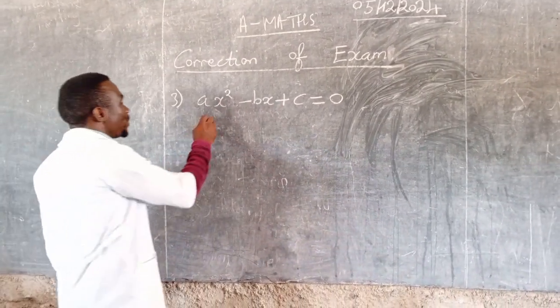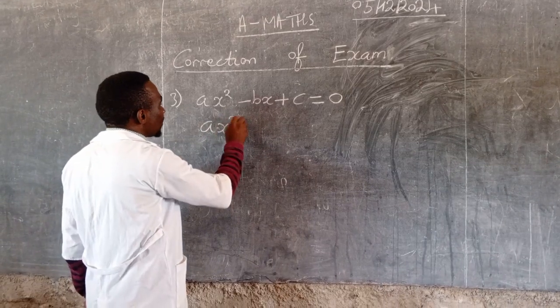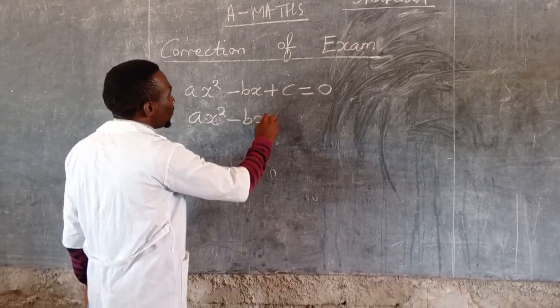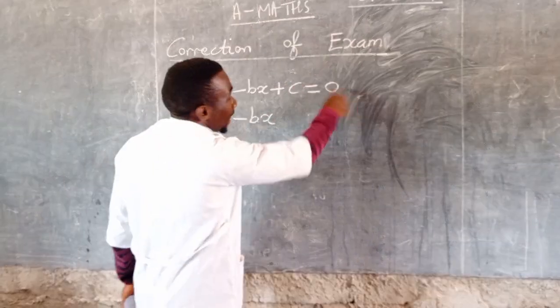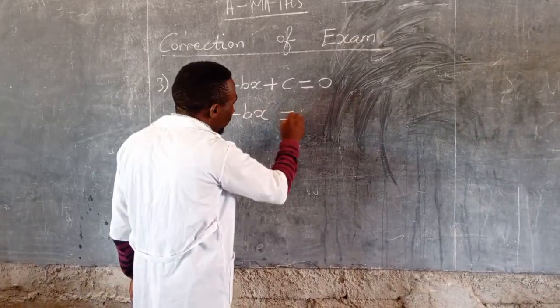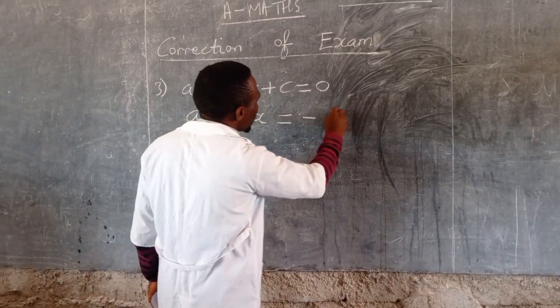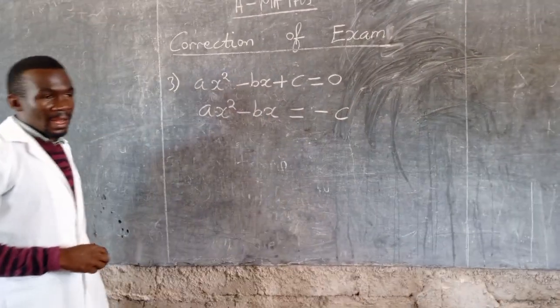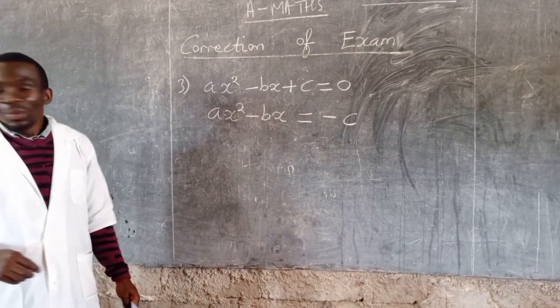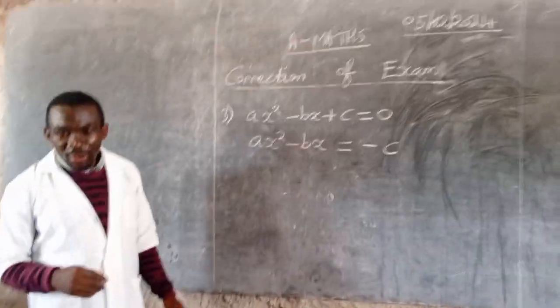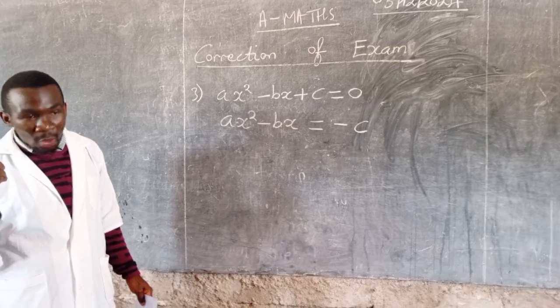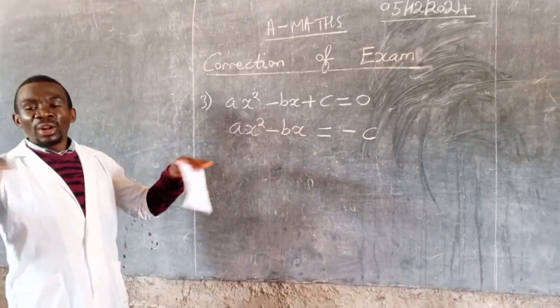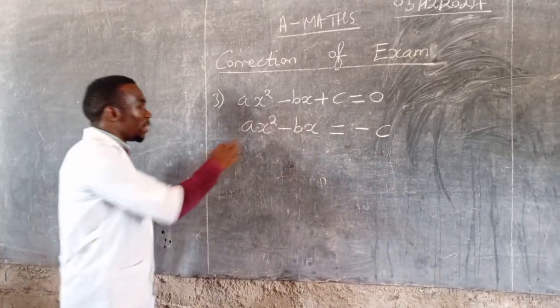The first step, we are going to start by sending the constant term c to the right hand side. So this will be equal to negative c. The next step, we are going to make the coefficient of x squared to be unity, to be 1, by dividing all through by a, the coefficient of x squared.